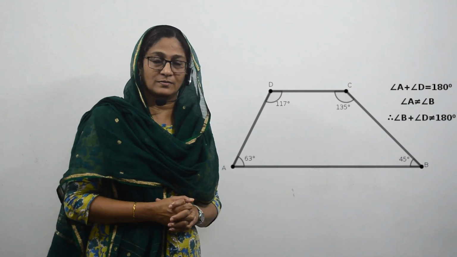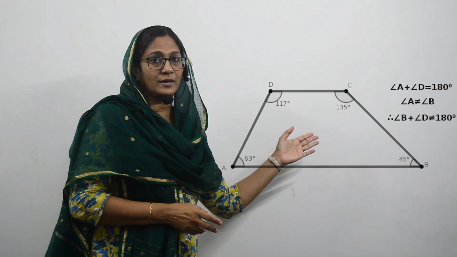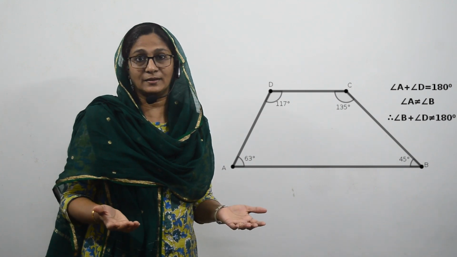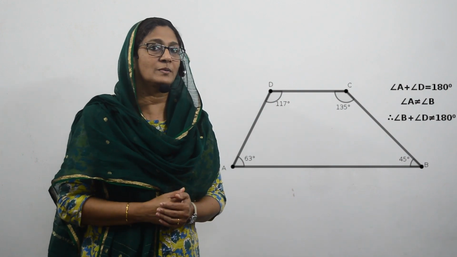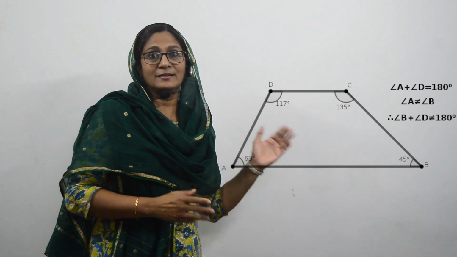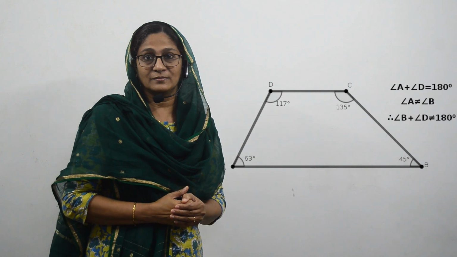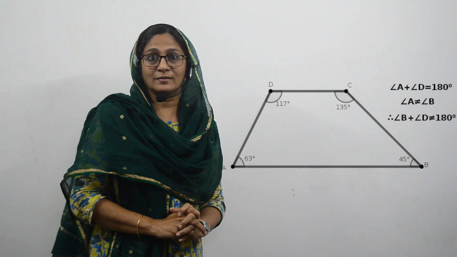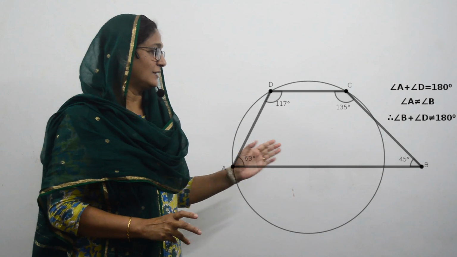Surely not. Angle B and angle D are opposite angles. And if angle B plus angle D is not 180 degrees, then it's not supplementary. Thus, if angle B plus angle D will not give a sum of 180 degrees, surely the quadrilateral will not be cyclic. See?